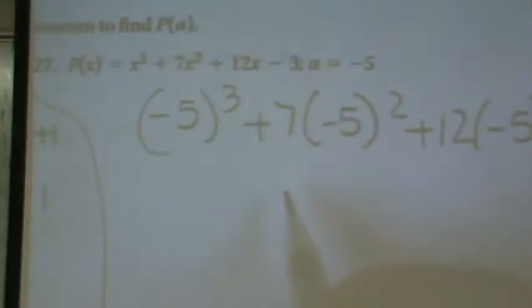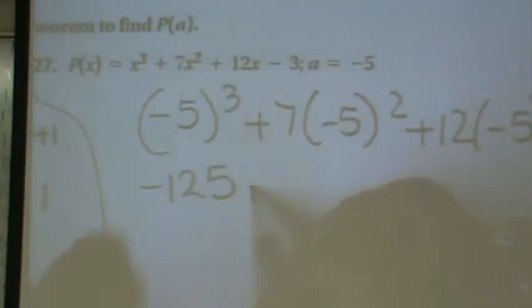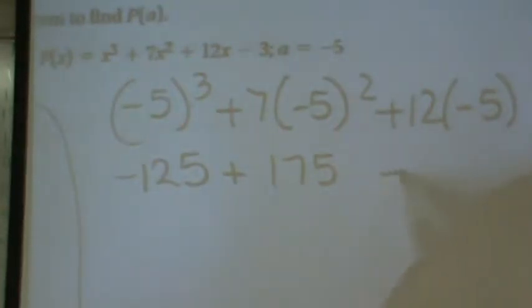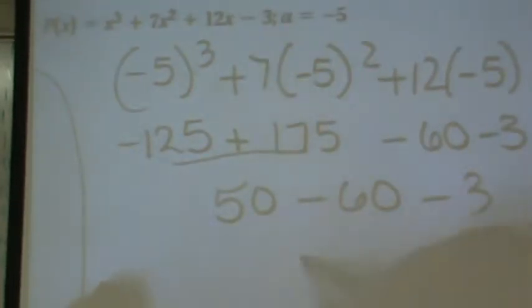You're going to end up with -125 here, plus, it's going to be a plus, you have 25. 25 times 7, we've got 175, and then minus 60, and then minus 3. So this is going to give you 50 minus 60 is -10, minus 3 is -13.